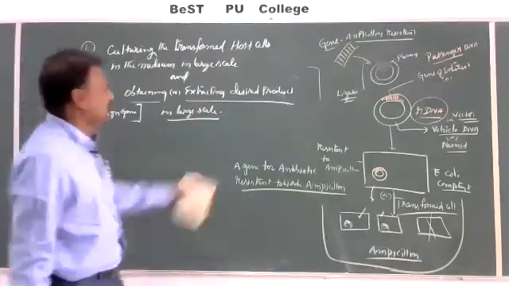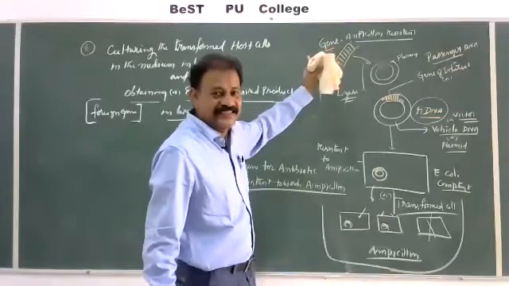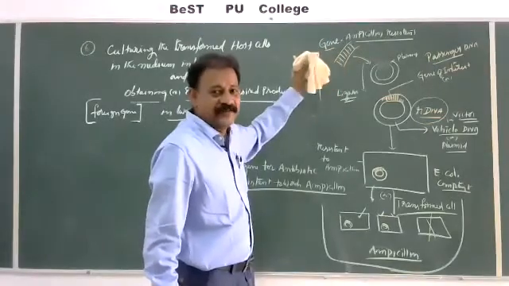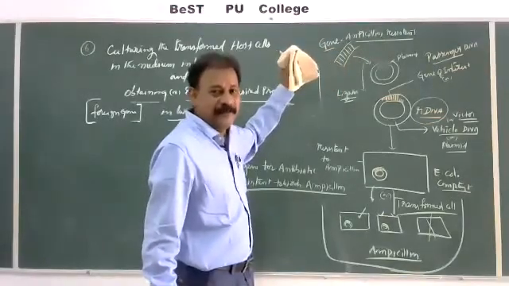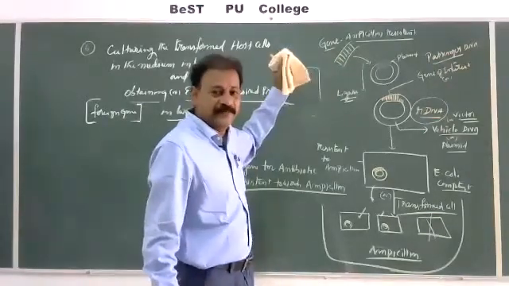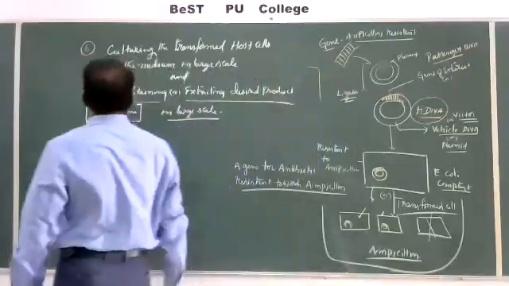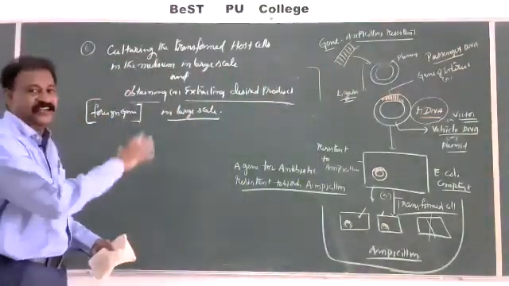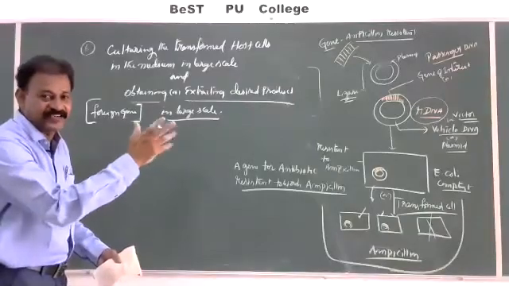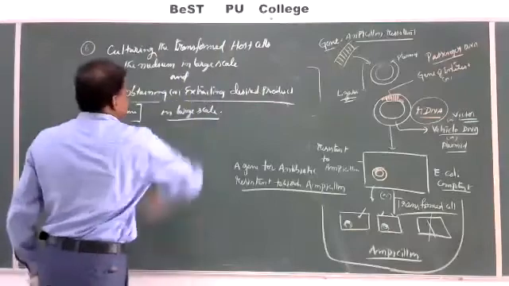So foreign gene, gene of interest, desirable gene, alien piece of DNA, passenger DNA, target DNA. So many names are associated with this isolated piece of DNA, which is extracted after cutting with restriction endonucleases.